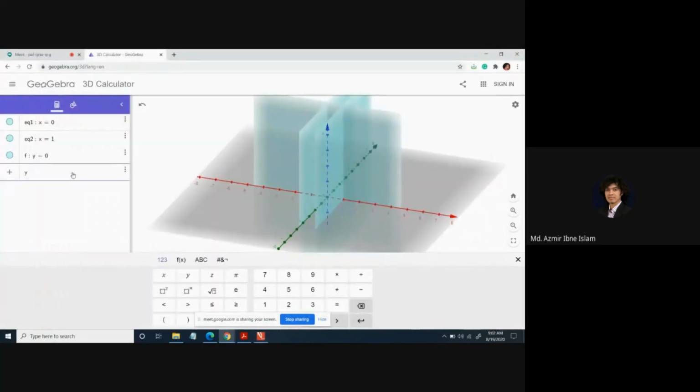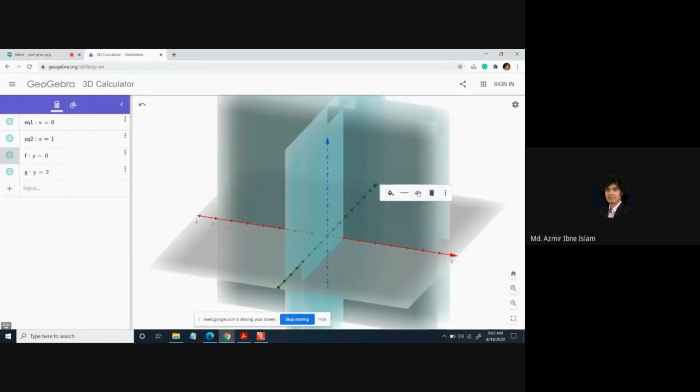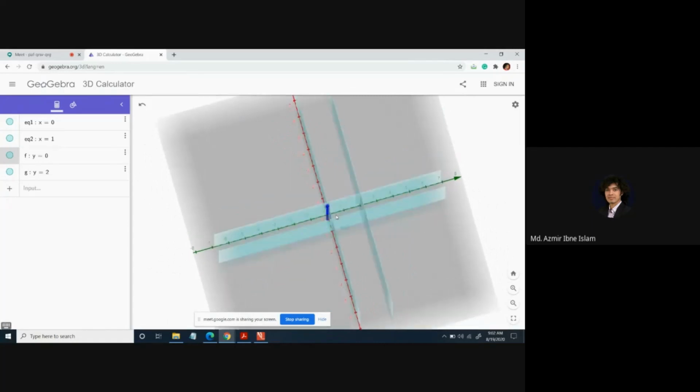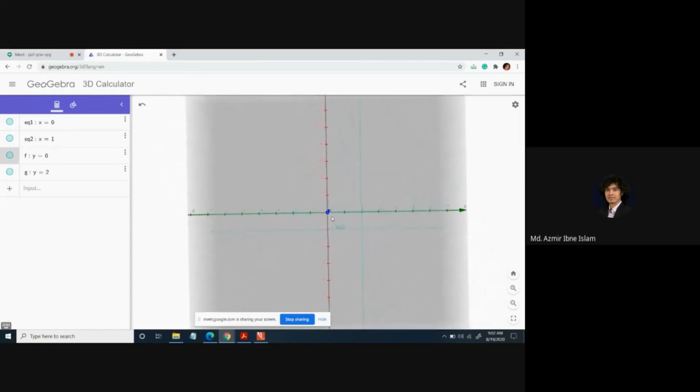So finally, we have found the intersecting part. Can you see this portion, this one in two dimensions? Here we have the region. Do you understand? Yes, sir.